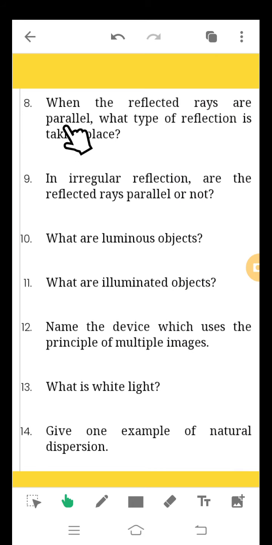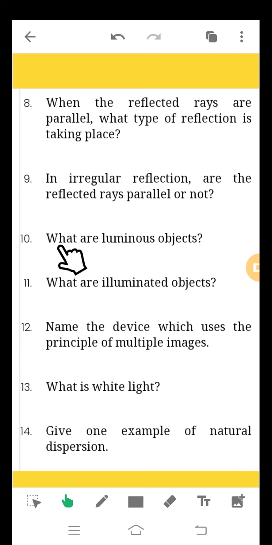Question number 8 is, when the reflected rays are parallel, what type of reflection is taking place? If the reflected rays are parallel, the type of reflection is regular. Question 9. In irregular reflection, are the reflected rays parallel or not? No. In irregular reflection, the reflected rays are not parallel.